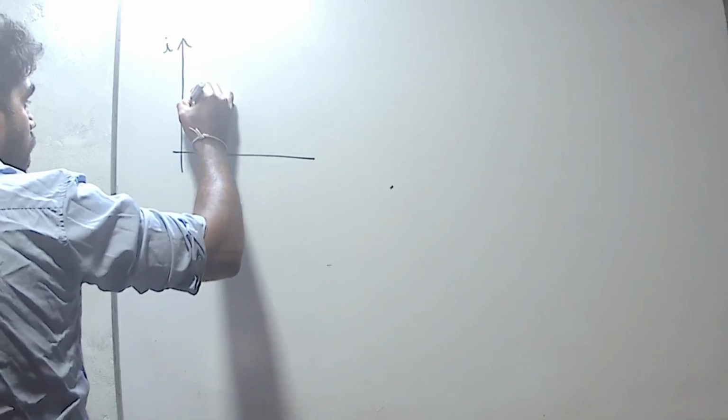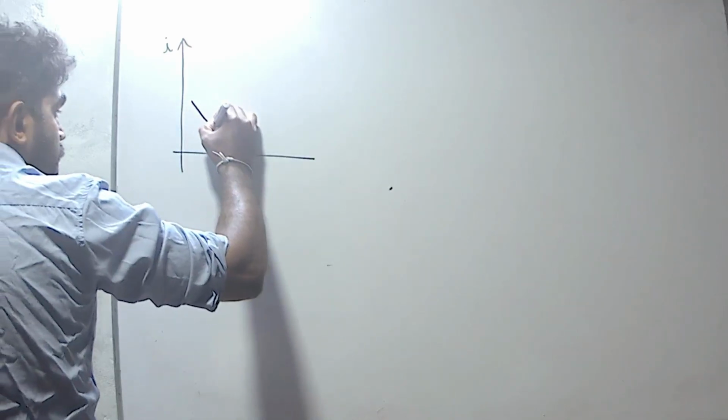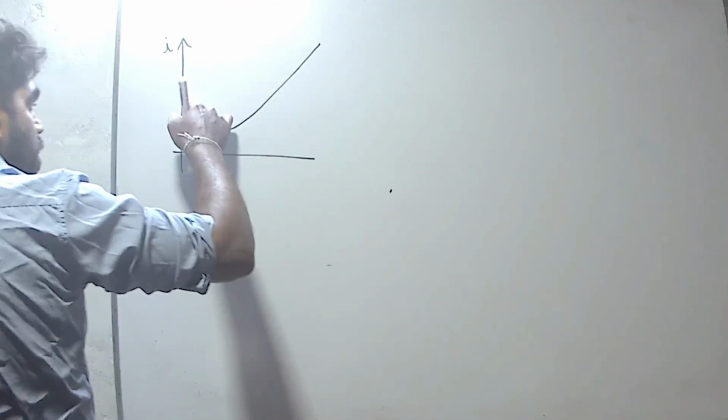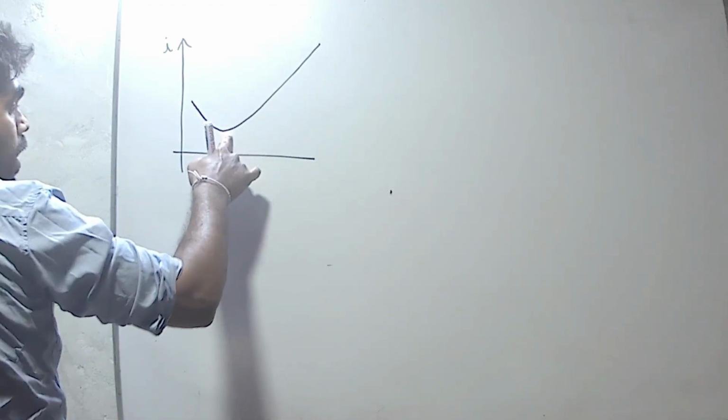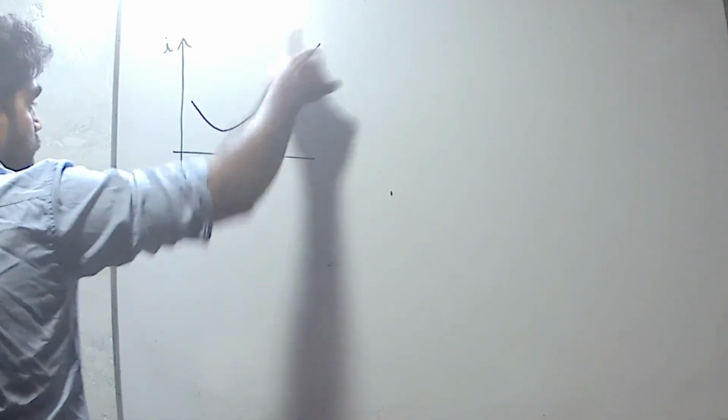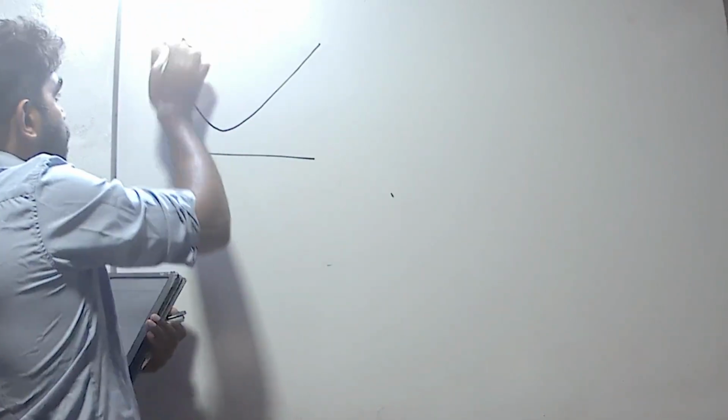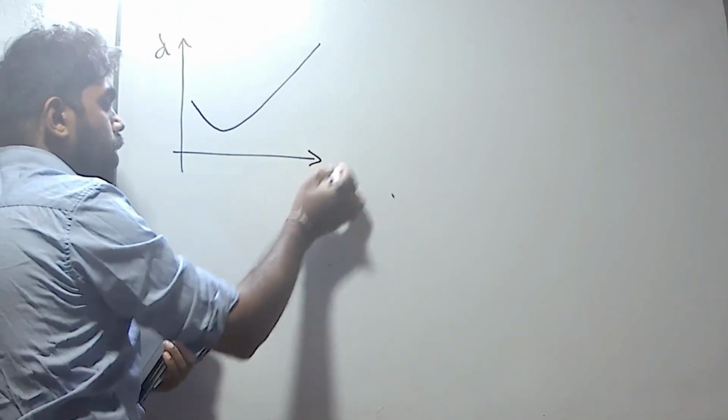As the incident angle is increasing, the deviation angle is changing like this. First it is decreasing and then increasing. Therefore, angle of deviation is depending on the angle of incidence.